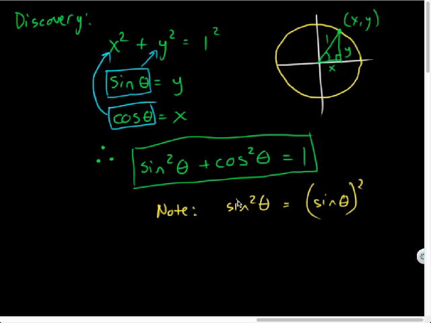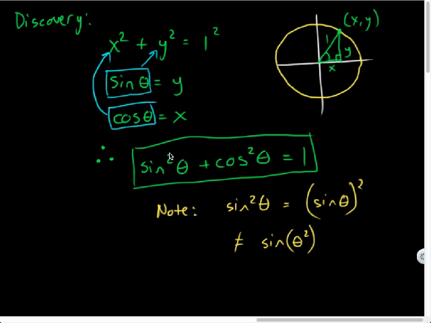This is a shorthand way of writing that. I don't believe you've seen that before this point. And similarly, these are not equal to sine of theta squared. Question, comment? Is it 1 or 1 squared? Well, they're mathematically equivalent, so we just drop the square to simplify it.